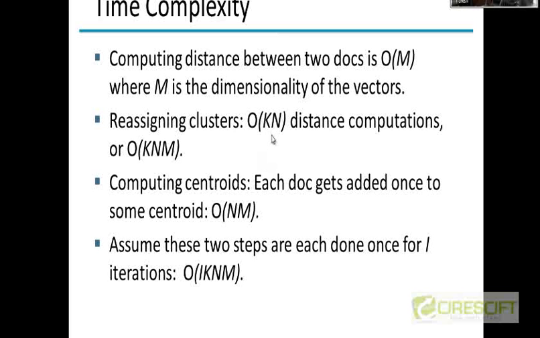K times n. Right? Because for each of the n documents, you are computing the distance to all the centroids, and there are k centroids. So there will be k n distance computations, and each distance computation takes time O of m. So the total time will be O of k n m.